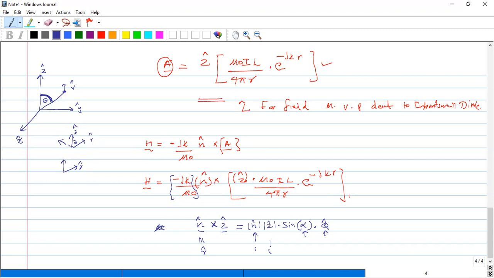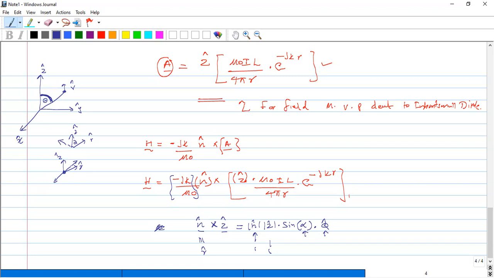If you find the vector perpendicular to this plane, let's say that r hat and z hat are in two dimensions, in the paper, then the perpendicular direction for both r hat and z hat is inside the paper or outside the paper.